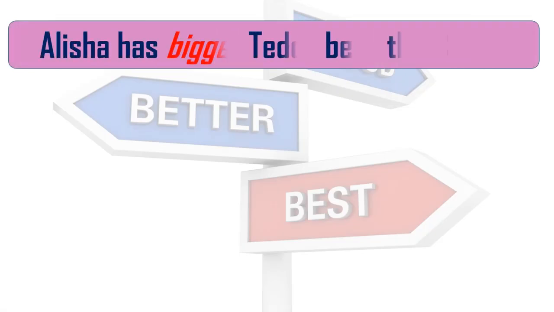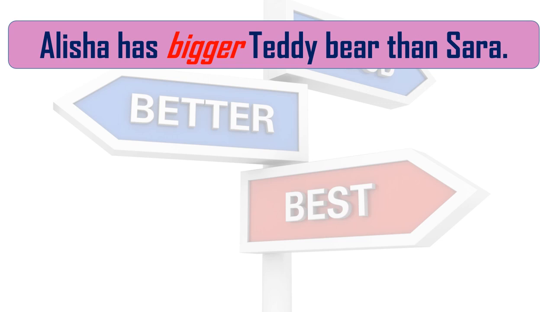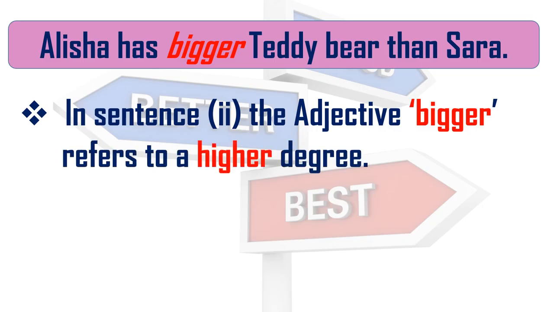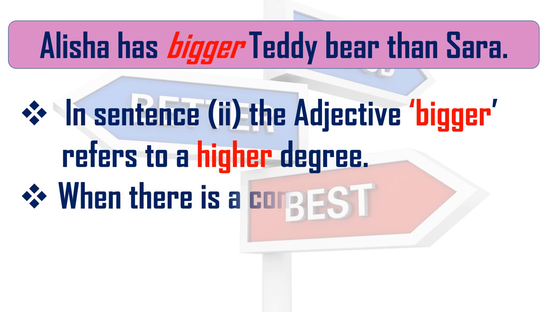Now let's see the next sentence. Alicia has a bigger teddy bear than Sarah. Bigger. Now here see, the word has been changed. So in this sentence, the adjective bigger refers to a higher degree. Big, bigger. Now this is a higher degree. We are adding something to it.